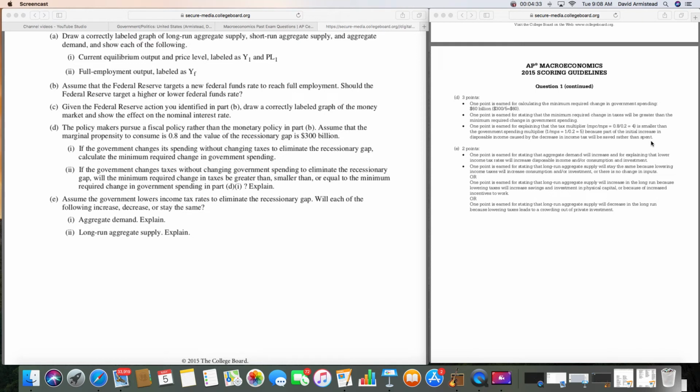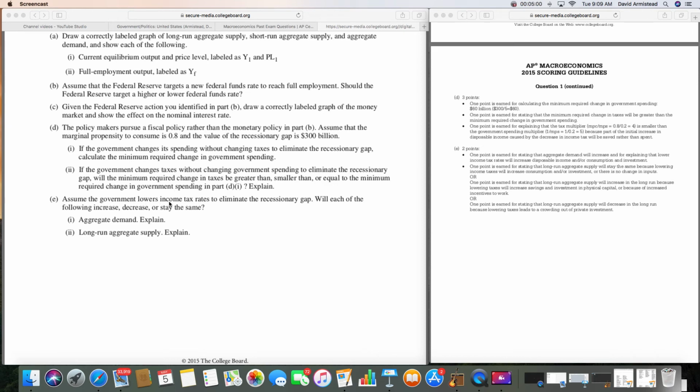That's the explanation, okay? So you would just simply say the government change in taxes without the change in government spending will be greater. The reason being is because the tax multiplier is less than the spending multiplier. You don't need to get into disposable income caused by the decrease in income taxes. I promise. They wouldn't ask you that, or they wouldn't expect that.